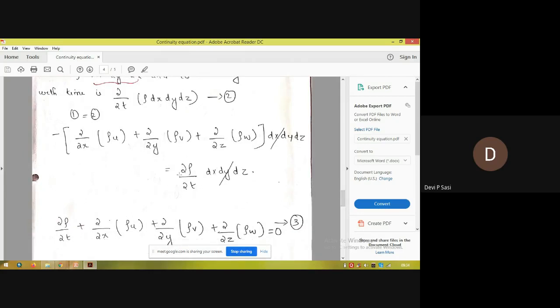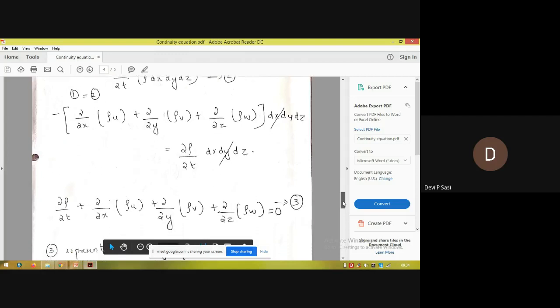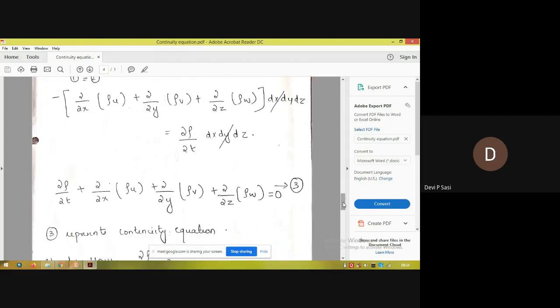Dou by dou t of rho plus dou by dou x of rho u plus dou by dou y of rho v plus dou by dou z of rho w. We are just cancelling dx dy dz, only that is the change. You do it together with me, so it will be easier. Now equation 3 represents the continuity equation.